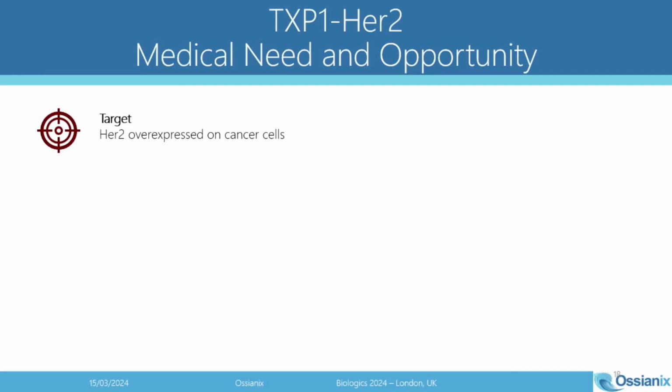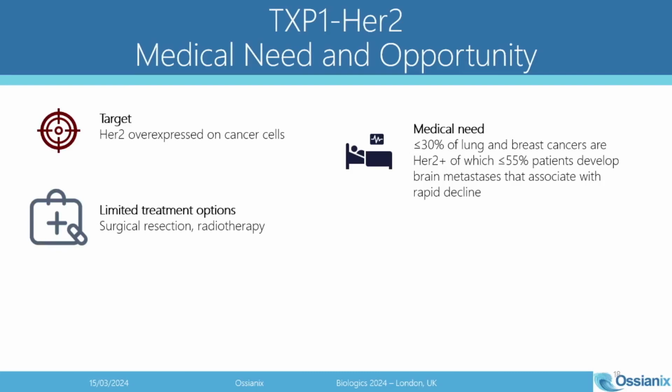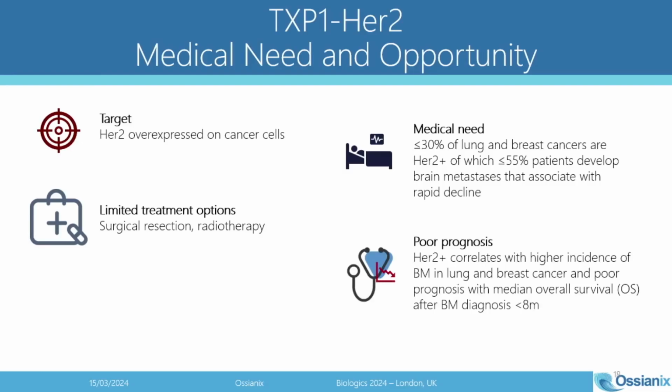Why we're working with that is because HER2 is overexpressed on multiple cancer cells. Approximately 30% of lung and breast cancer patients are HER2 positive, and out of those, approximately 50% of those patients will develop brain metastasis during the course of the disease. There are very limited treatment options for brain metastasis in those patients, mainly surgical resections and radiotherapy, and a very poor prognosis.